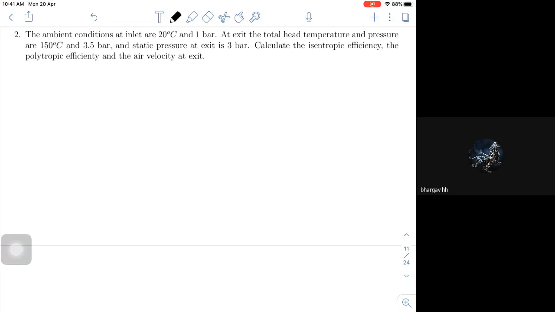So the problem is a little complicated. We'll try to solve this.